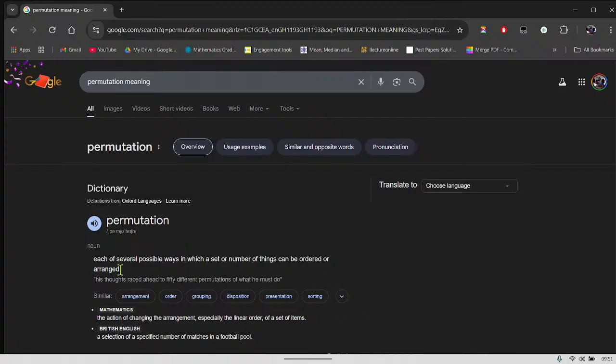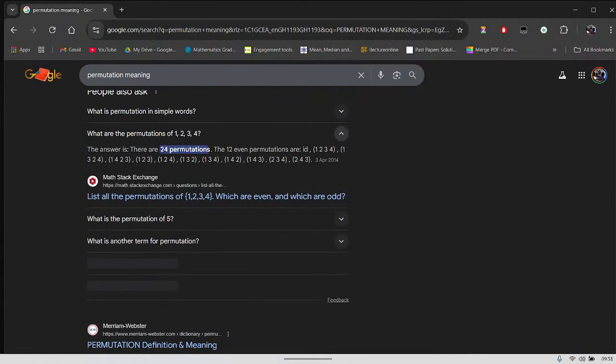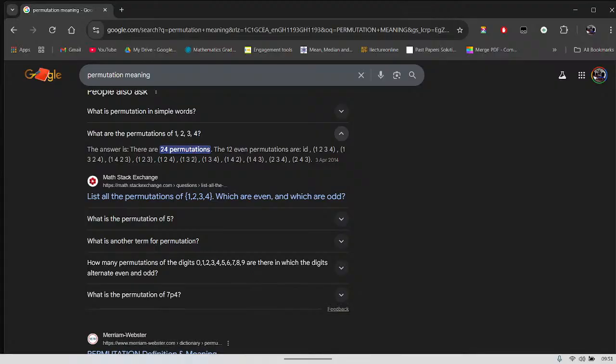In mathematics, it is the action of changing the arrangement, especially the linear order, of a set of items. They ask what the permutations of the figures 1, 2, 3, 4 are. The answer is 24. Don't worry, we'll do it.